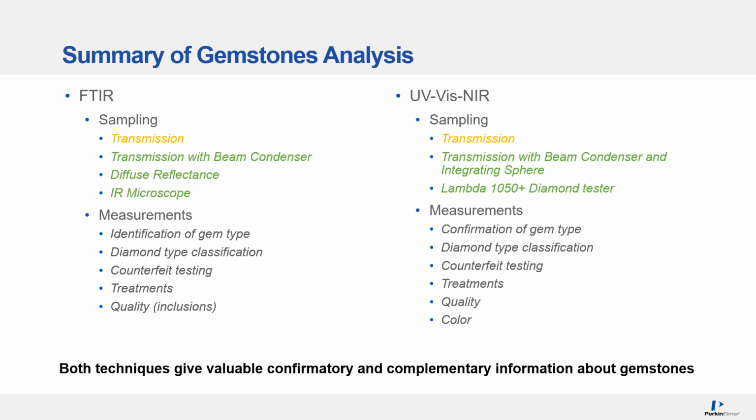The UV-Vis-NIR measures directly in transmission with the use of beam condensers and integrating spheres and has a special system available for optimum testing of diamonds. The sampling approaches between the two techniques have great similarities, and the types of information that can be achieved are both confirmatory as well as complementary.